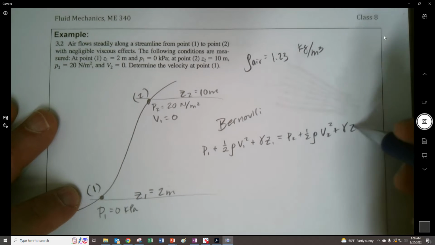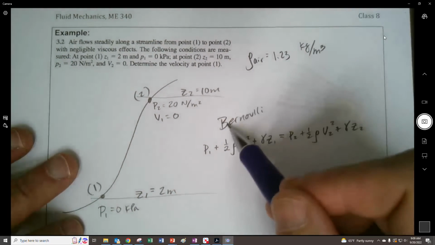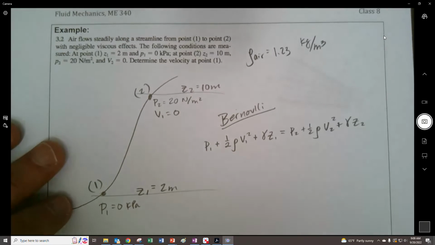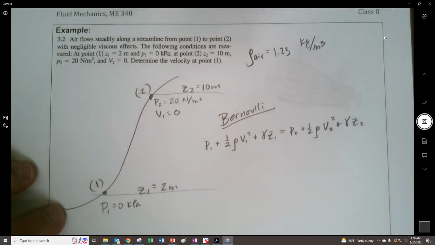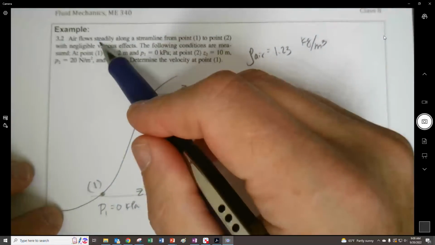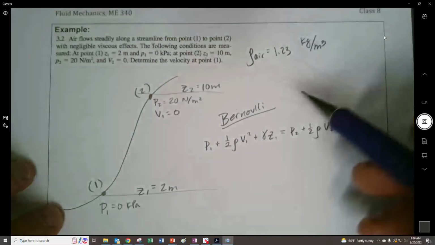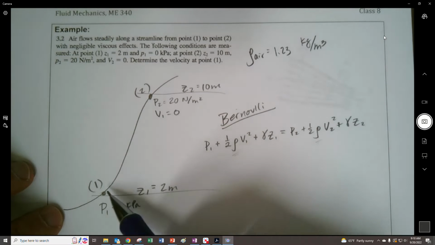It's worth noting every time we go through this the 4 different conditions that you need to have in order to use Bernoulli. As a minimum, there might be some others we could also include, but first off, it's got to be steady, it's got to be along a streamline, it's got to be incompressible. So what we're doing is we're assuming this density doesn't change between these 2 points right there.